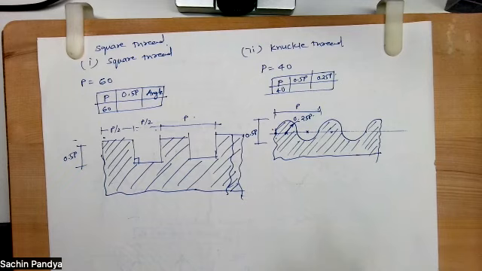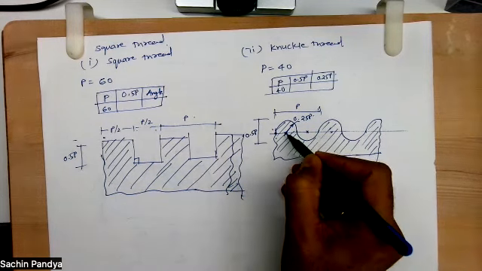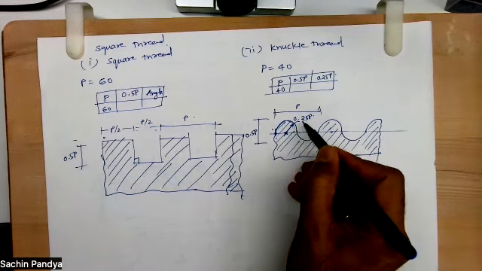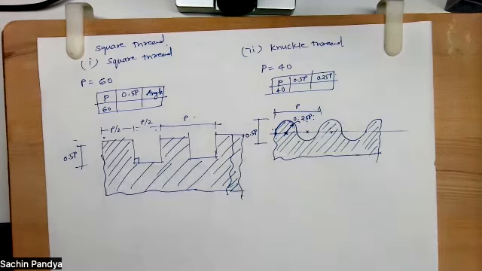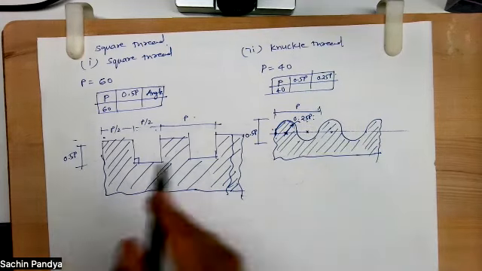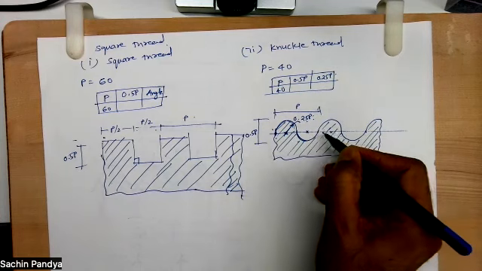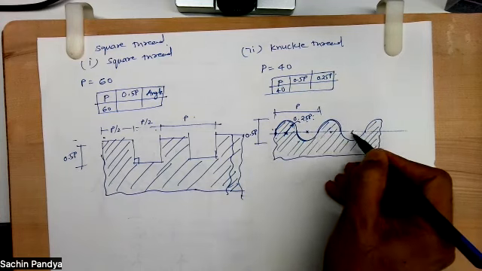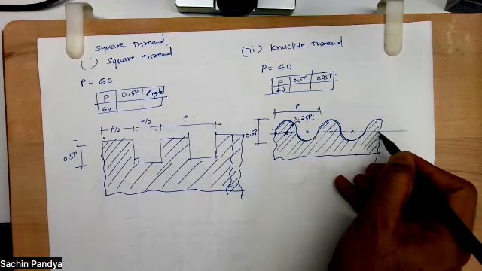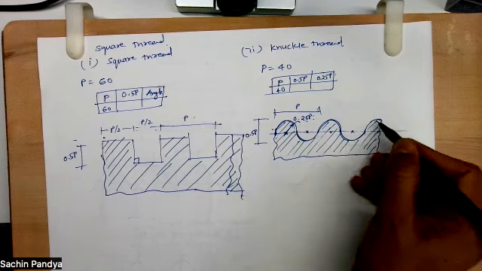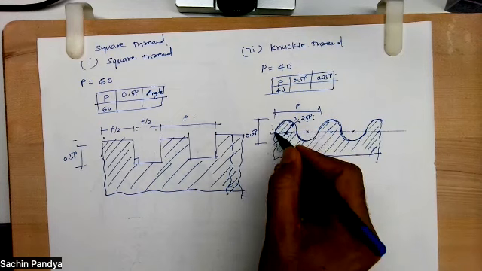Could you just go over the knuckle thread one again, please? Knuckle is like from one point, you just draw a 0.25 P radius. Then from here again you draw a 0.25 P radius. From here again you draw 0.25 P radius. From here again 0.25 P radius, and from here again 0.25 P radius, and then you draw this part freehand.